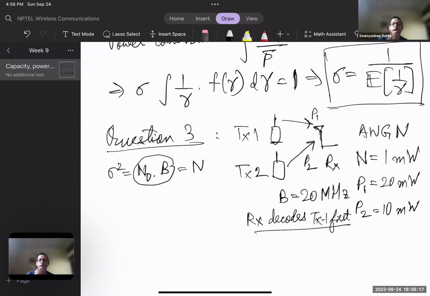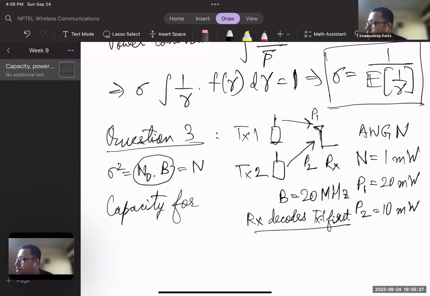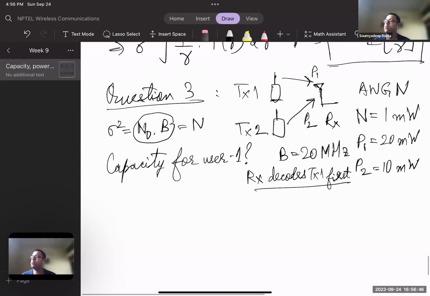So you are asked what is the capacity for user 1, or TX1, with all of this information.